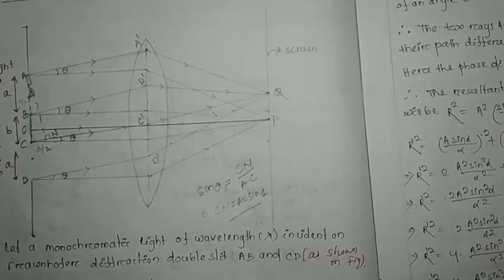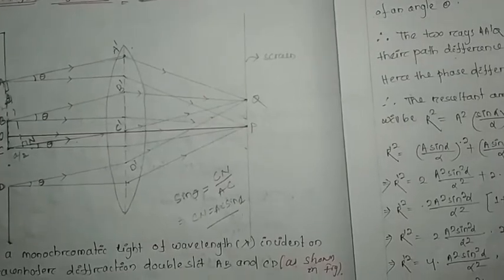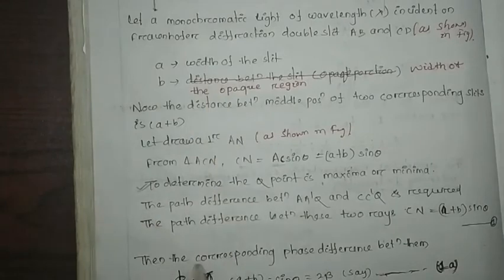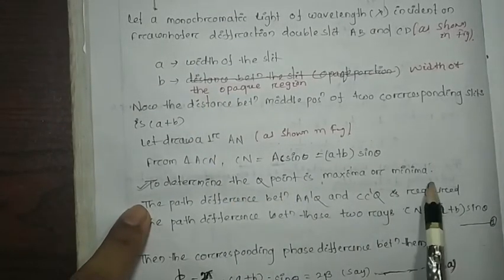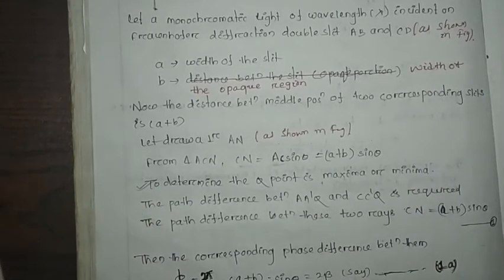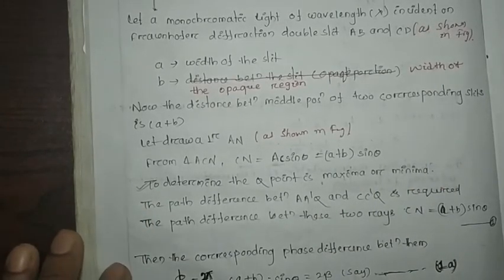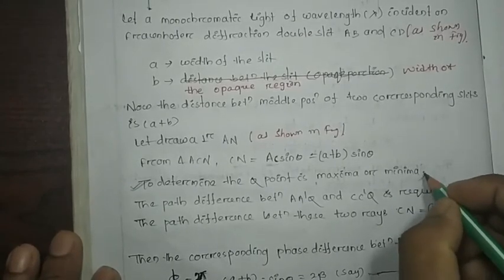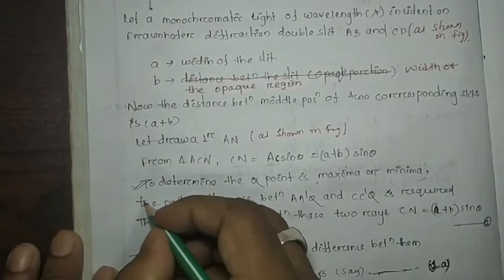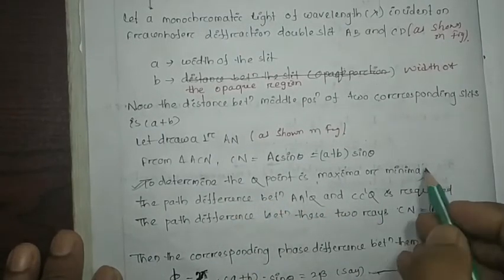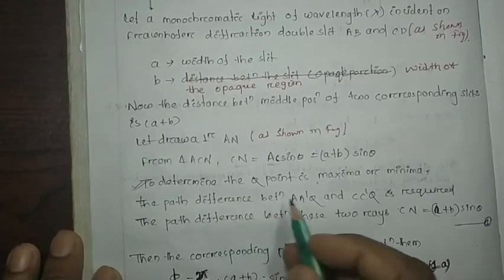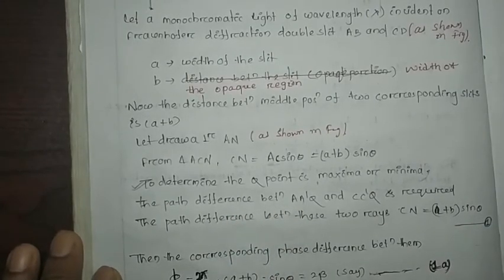How we are going to calculate that, we are going to discuss. The same thing is written: to determine whether the Q point is maxima or minima, the path difference between A dash Q and C dash Q is required.